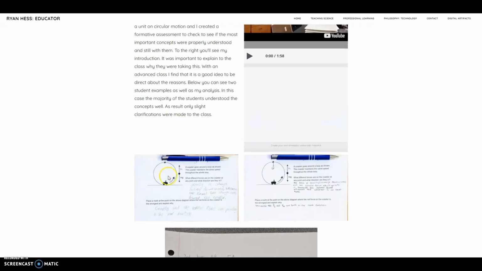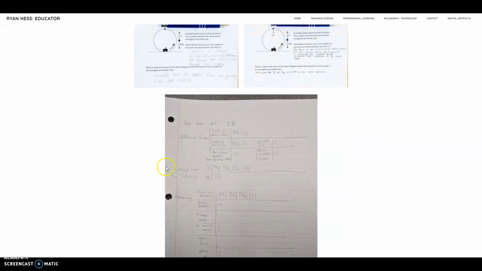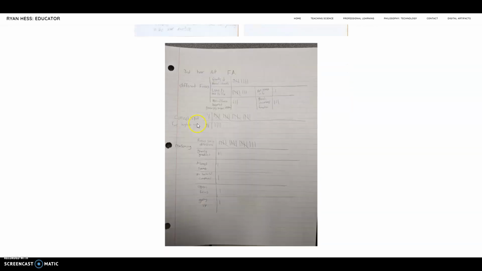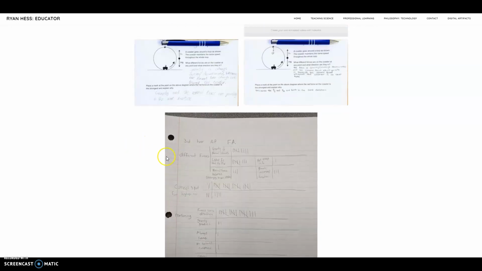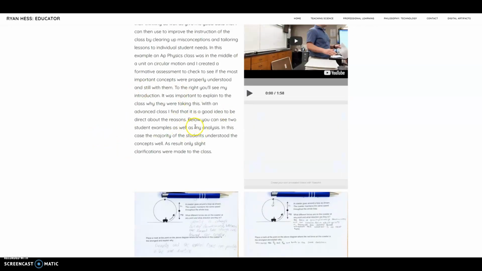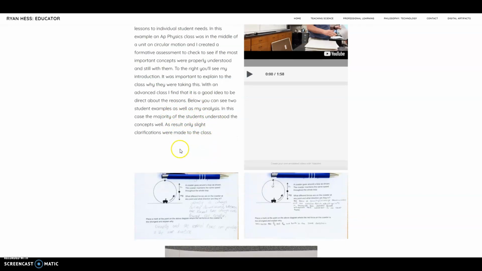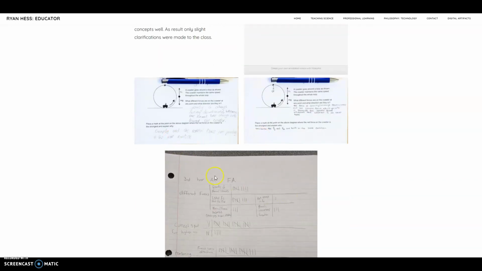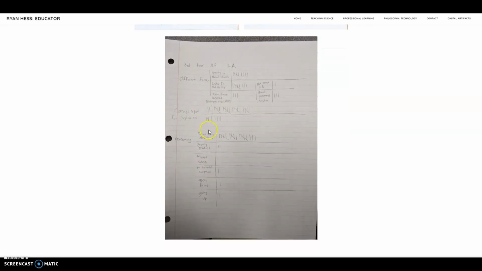But the positive side about having a few questions is you have to be able to grade or analyze the data. If you make it too long, you're not going to be able to do that in the time needed to go back and make more lessons to fix any misconceptions or problems you might have found. So here's an example of me analyzing the data, and I don't think it has to be fancy.